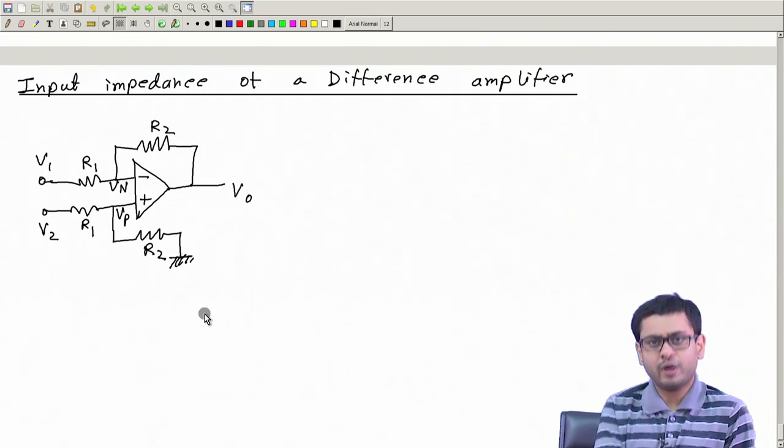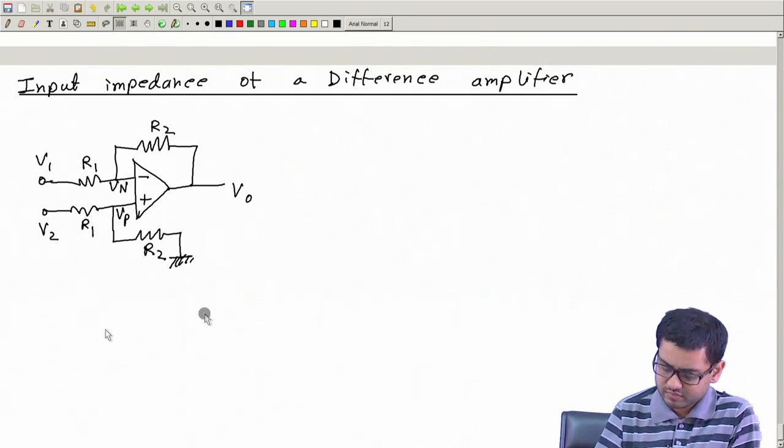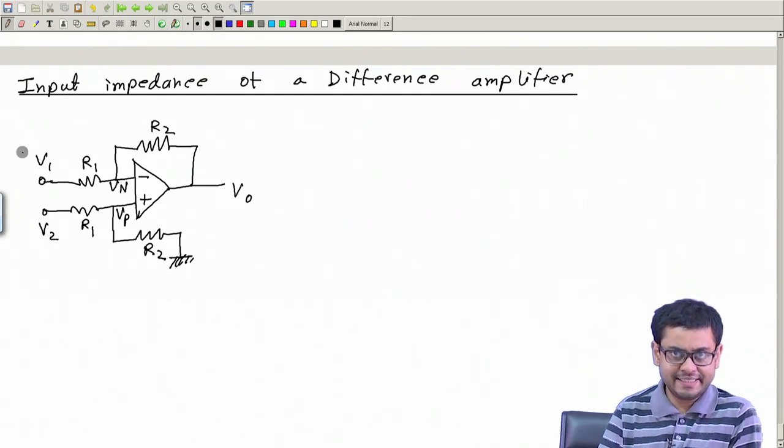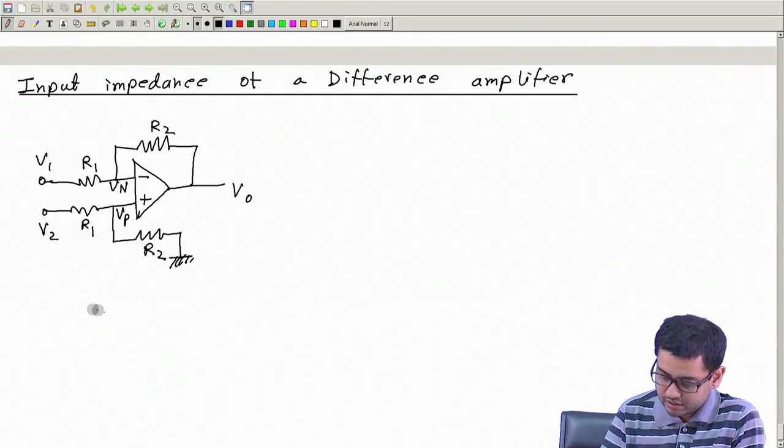Now, what is input impedance? What is input impedance in general?